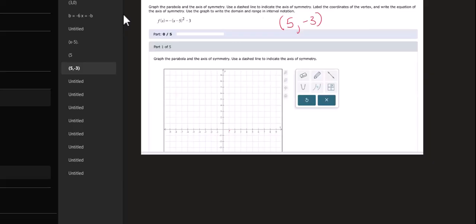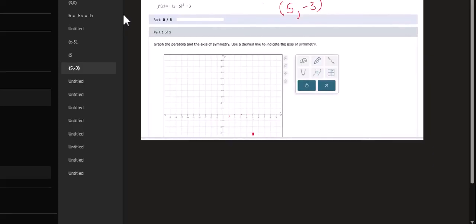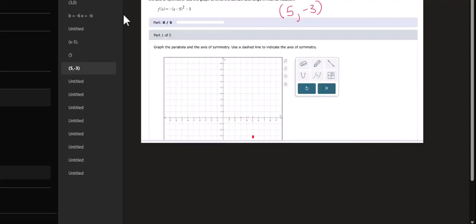So I'll go to 1, 2, 3, 4, 5, down 1, 2, 3, 5, negative 3. And it's negative, so it opens down. This number in front of the parentheses, that's a negative, that's understood to be a negative 1. That tells me I go down 1 and over 1, down 1 and over 1. And that would be my parabola.